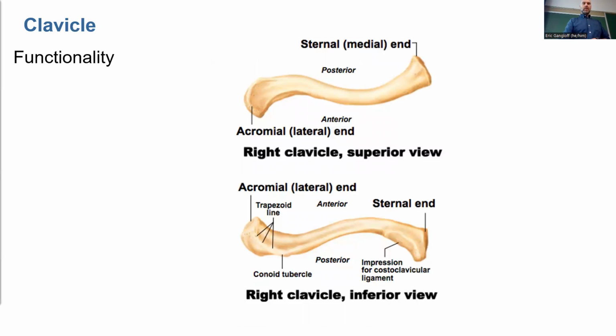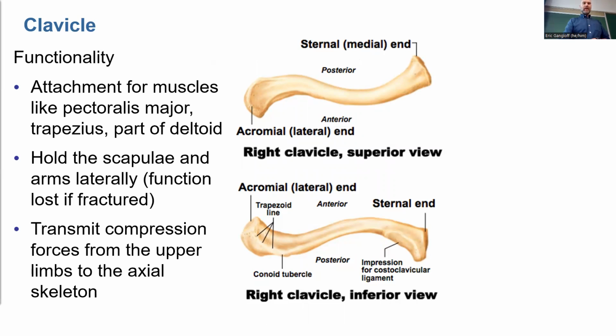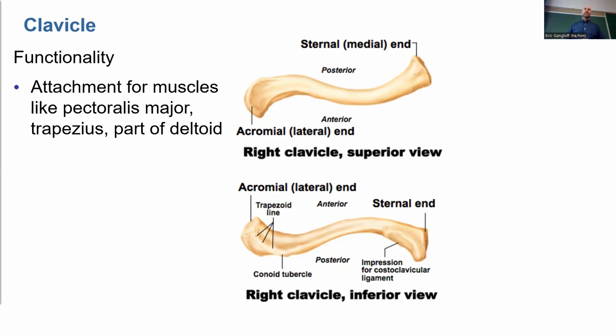I'll talk a little more detail about the functions of the clavicle. In addition to providing that structural support to the upper limb, there are a number of muscles that attach to it. And I have the names of some of those muscles here. You don't need to worry about the names of those muscles now, but I want to introduce you to those terms because we will cover them in detail later in the semester.